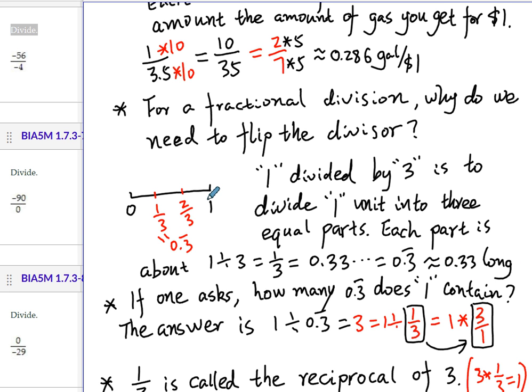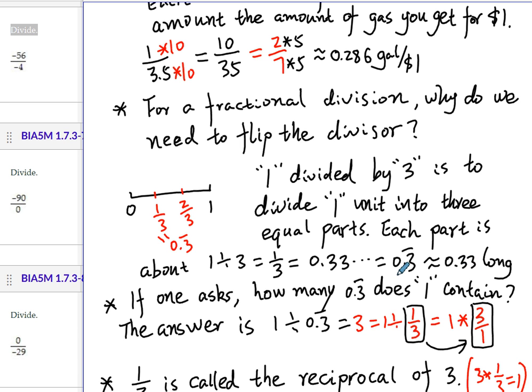So for 1 unit, if you divide 1 unit into 3 equal parts, of course, each equal part is 1/3, approximately 0.33 unit long.